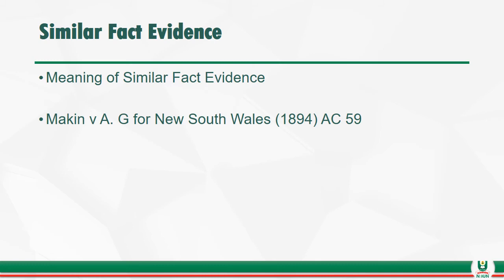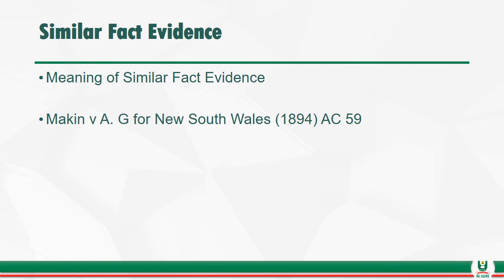So similar fact evidence can be said to be a fact bearing a semblance with a fact in issue, and its purpose in the law of evidence is to show that the person whose conduct is a fact in issue had previously been involved in such disputed conduct. The attitude of the law is also that of general prohibition.